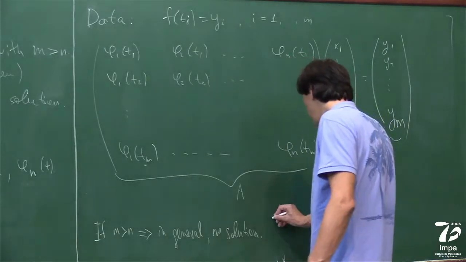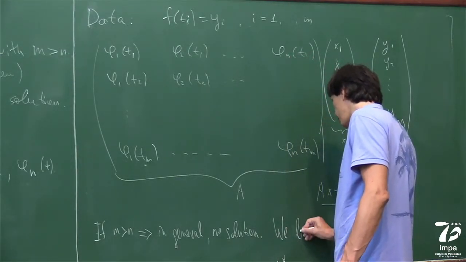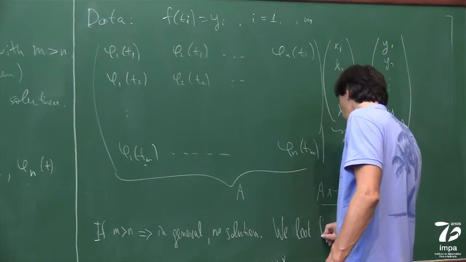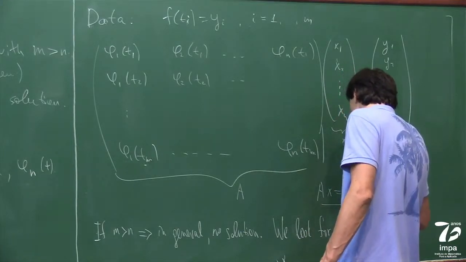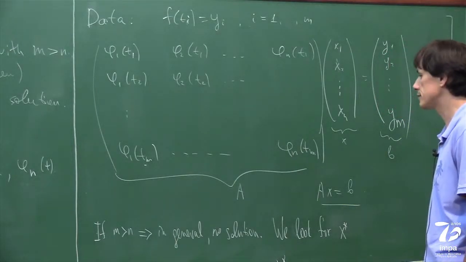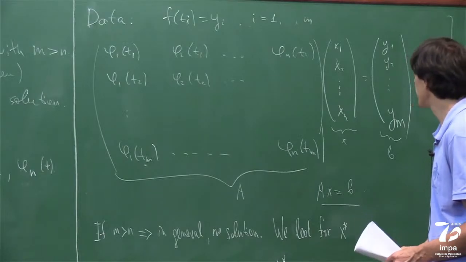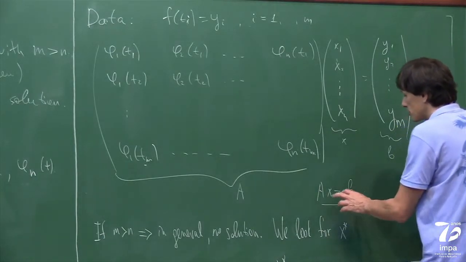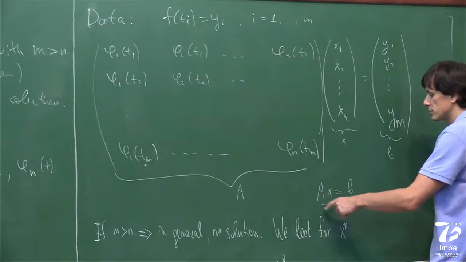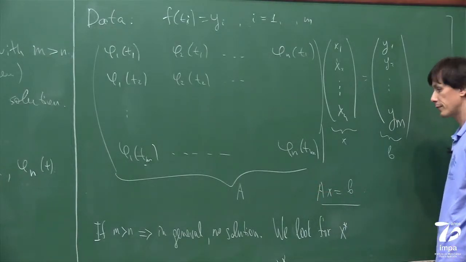So we look for X star, which is not exactly the solution, but it's a vector X which gives the vector such that this equation is solved in the best possible way, in some sense.